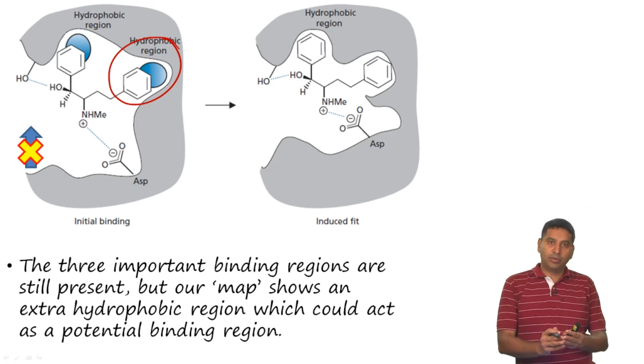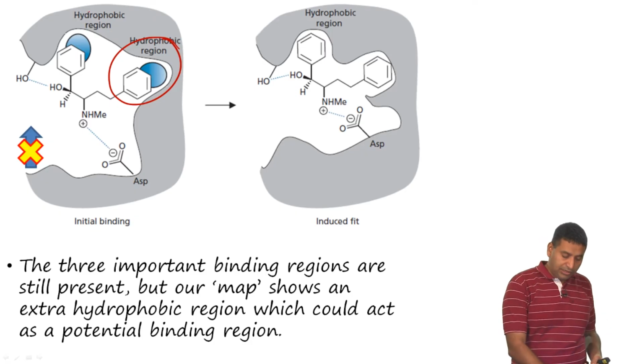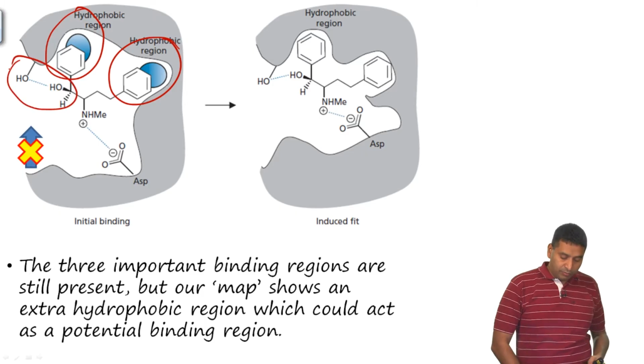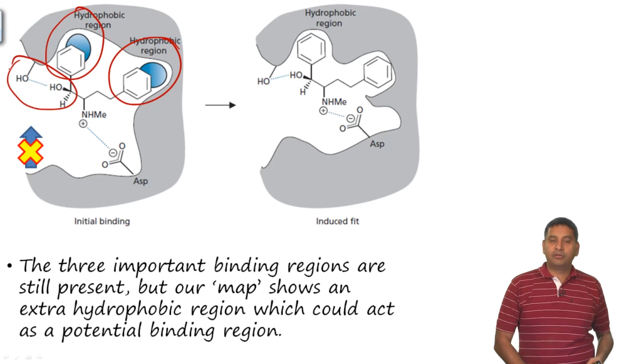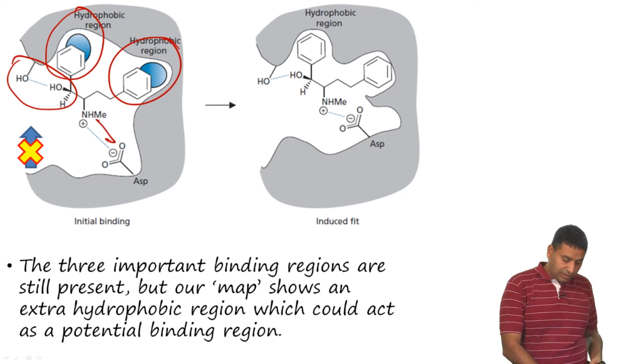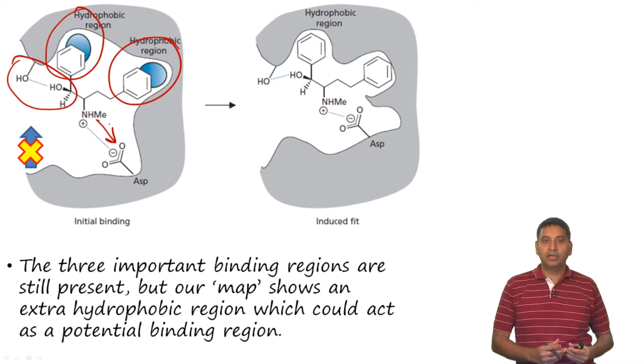Now, if you were to design a molecule that exploited this extra hydrophobic region here, the fit of the molecule is such that it binds to the hydrophobic region, and it still is involved in hydrogen bonding. But the only difference is that because it is already bound to the hydrophobic region, this interaction is still happening, but does not require the protein to undergo a conformational change.